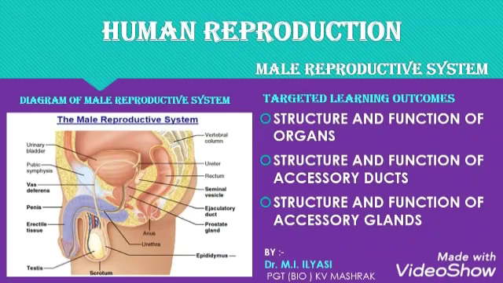We are supposed to learn about the structure and function of the organs, the structure and function of the accessory ducts, and accessory glands. First of all, let us discuss about the testes.